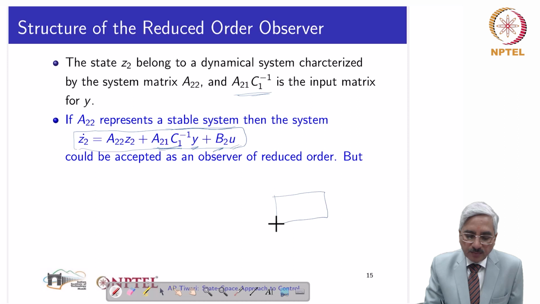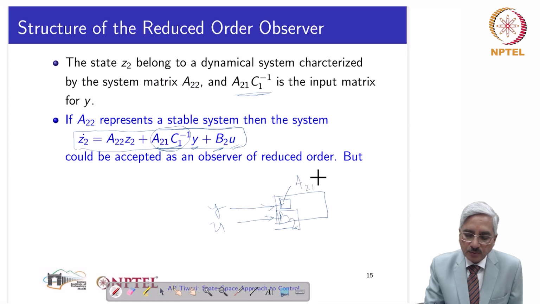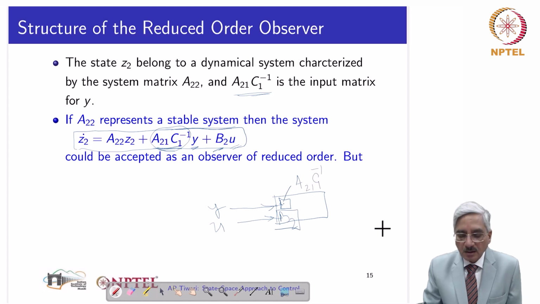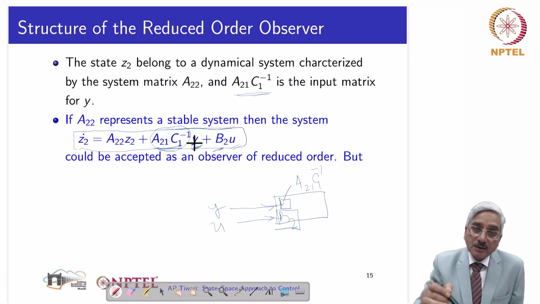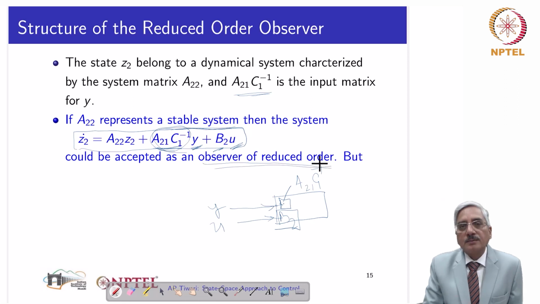So z2 dot will be the observer in which this y will come and this u will come from the system. This will be processed through A21 C1 inverse, and this will be processed through B2. That is how the output of the actual system and the input to the actual system are both the inputs to this observer of reduced order.